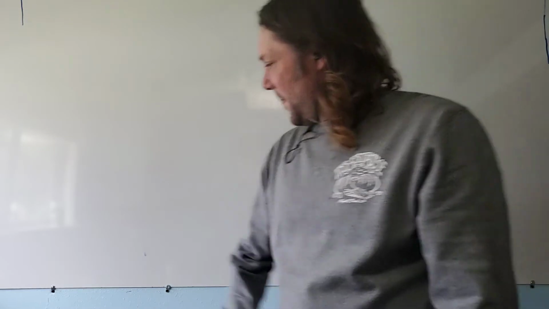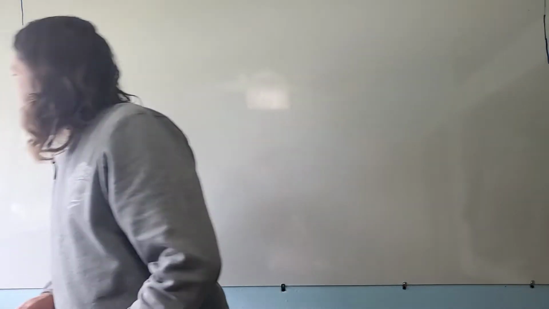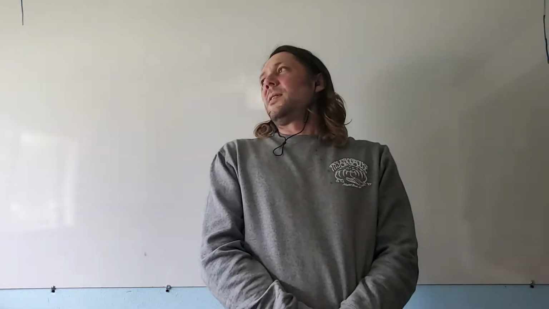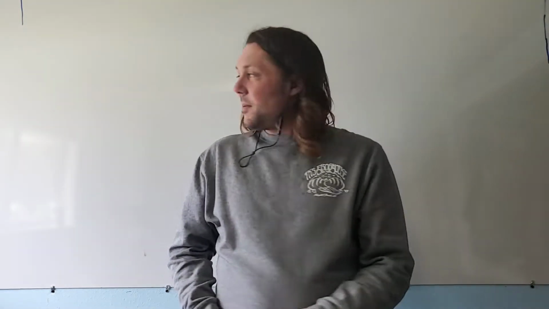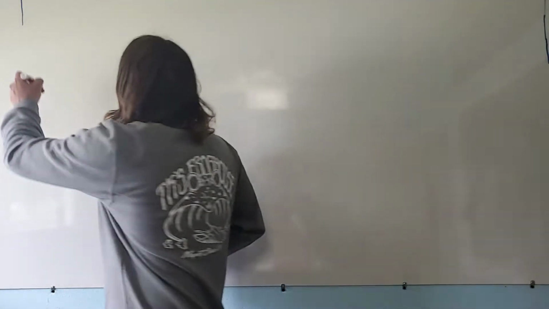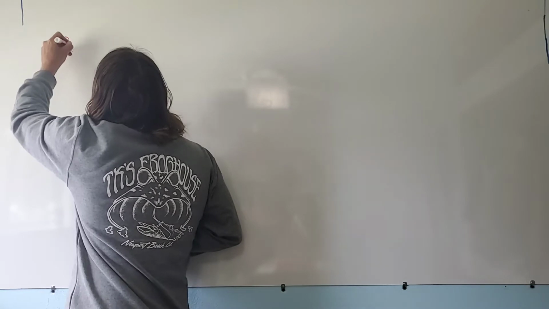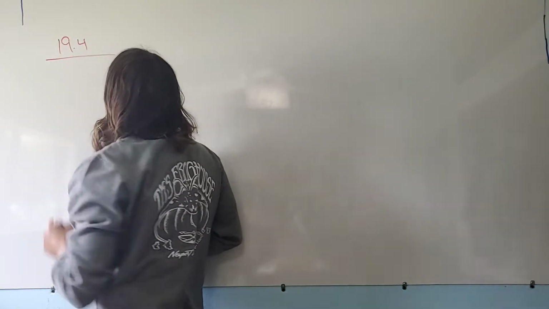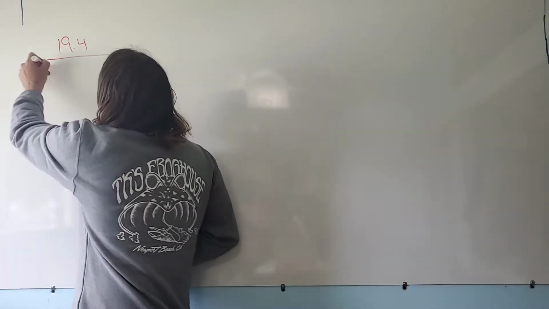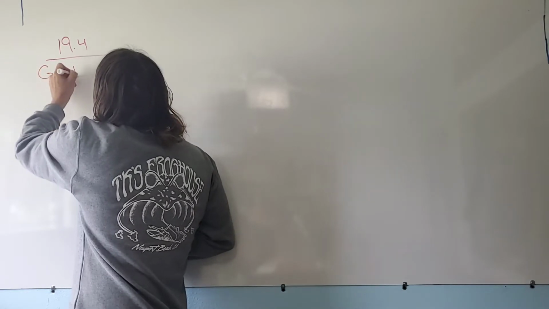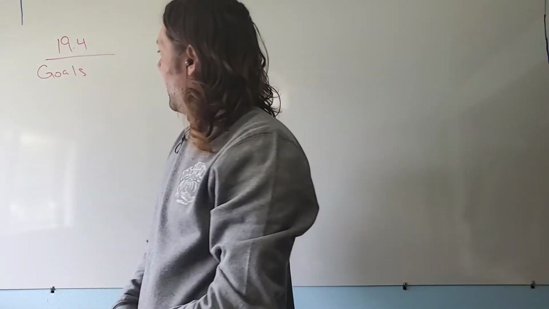Anyways, today's lesson is going to be about right angles or perpendicular lines. Let me write down our goals today. This is for 19.4. Our goals for this lesson are going to be: define perpendicular.